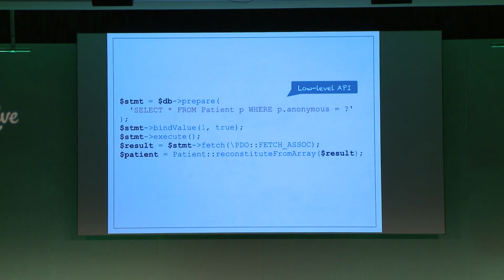And the same goes for talking to our databases. So we used to do things like this. Well, if you didn't use MySQL underscore query functions. But if you use PDO, then something like this would actually fetch data from the database and instantiate some, in this case, patient objects. But this is still quite low level.